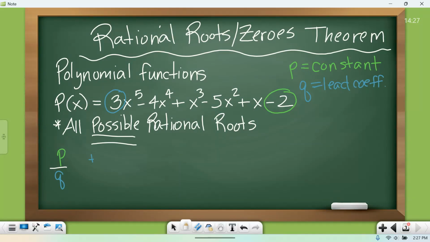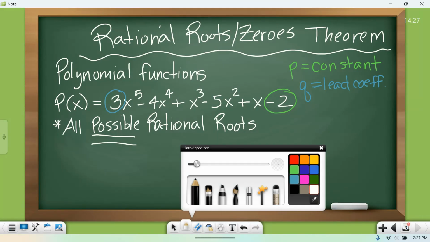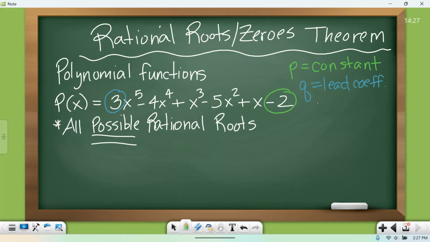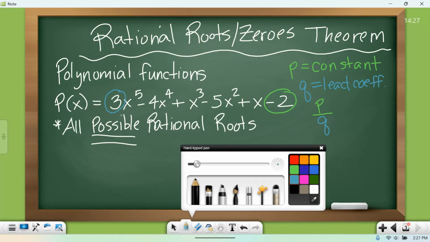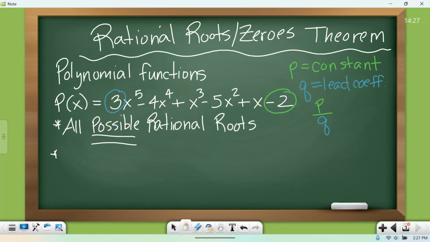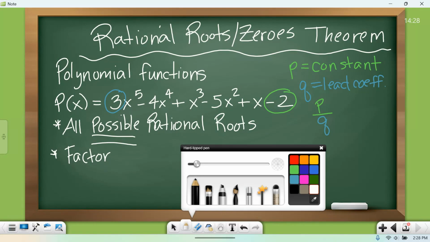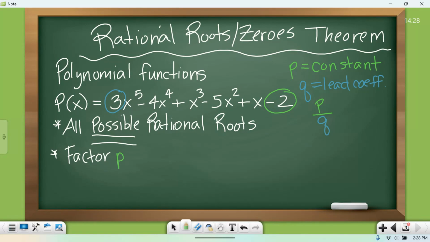In fact, I'll move this over to keep this a little bit uniform. We'll put it over here. P over Q. So we are going to factor P and Q.